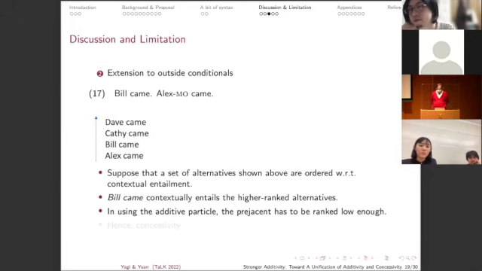But I'm not sure whether we really want to make a commitment to those higher ranked alternatives, because Dave might not have come for some other reason, and for some good reasons.